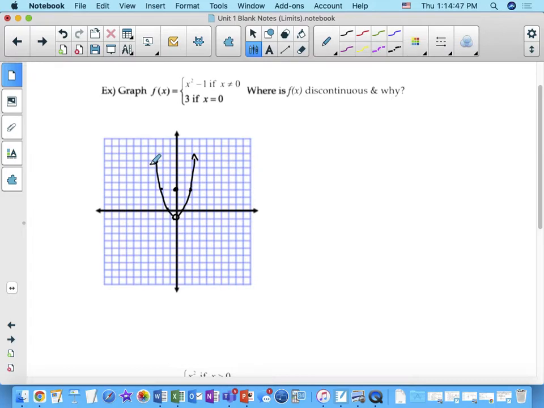Where is it discontinuous? Yes, it's discontinuous at x equals 0. Why is it discontinuous at x equals 0?